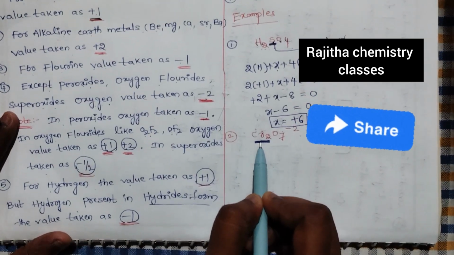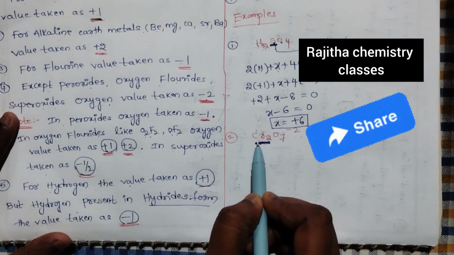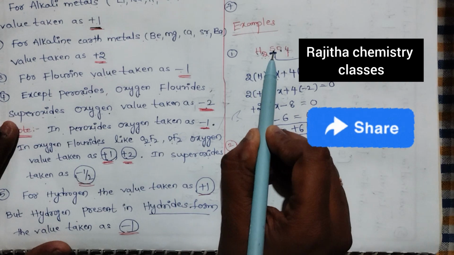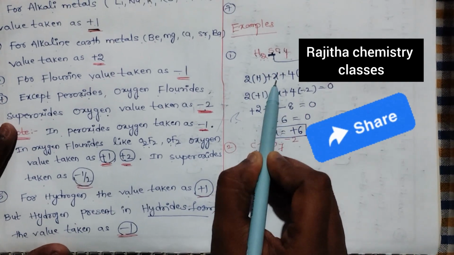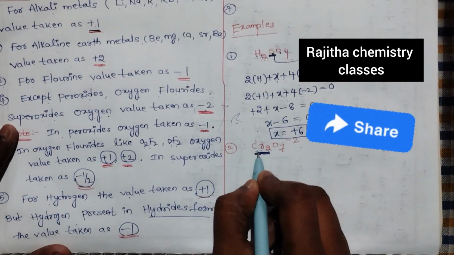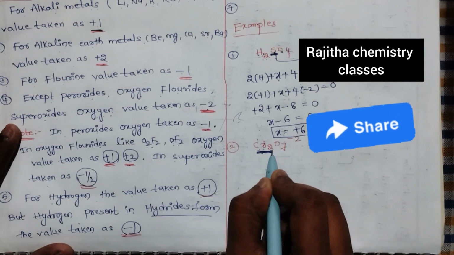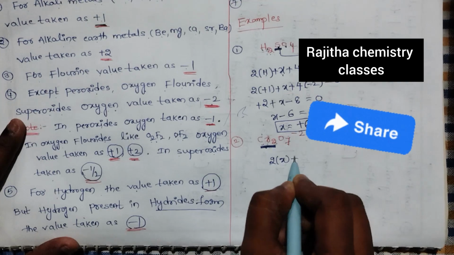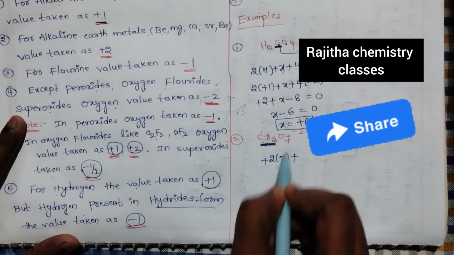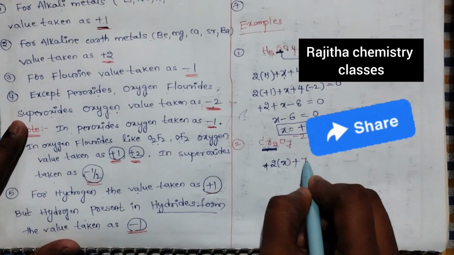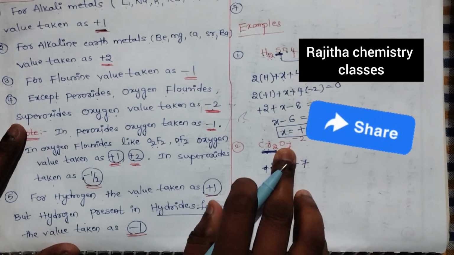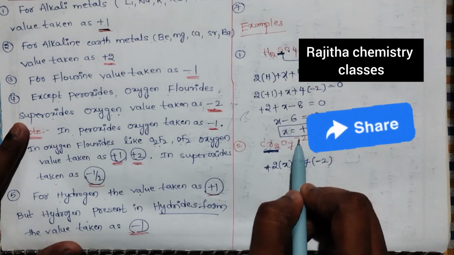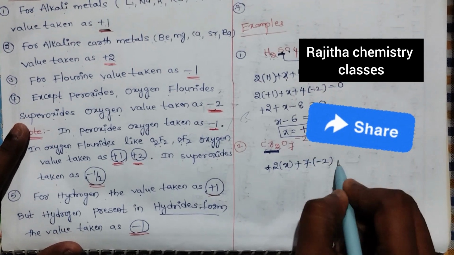Here we find the oxidation number of Cr. As in the above example, we take the unknown atom as X. How many chromiums are there? 2, so we take 2 into X. How many oxygens are there? 7 oxygens, and oxygen in its common state is taken as minus 2. And what is the charge on this particular ion?